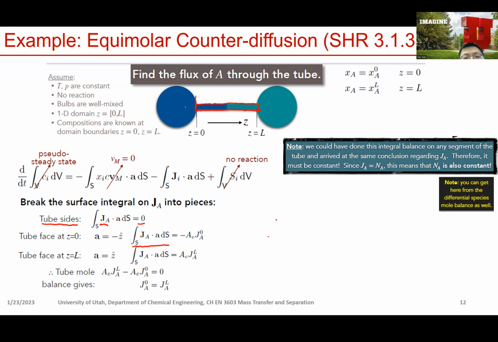So that means this vector needs to be this, pointing outward, and it has the opposite direction of our coordinate. So we can write it as minus z hat. Z hat is the unit vector pointing in the direction of your coordinate, okay? Similarly, on the tube face at z equals L, your unit vector needs to point outward, right?